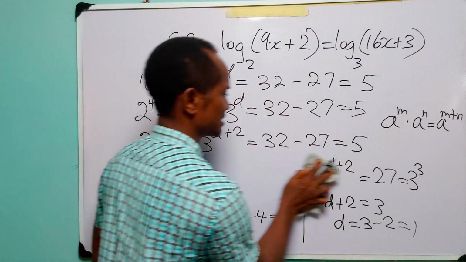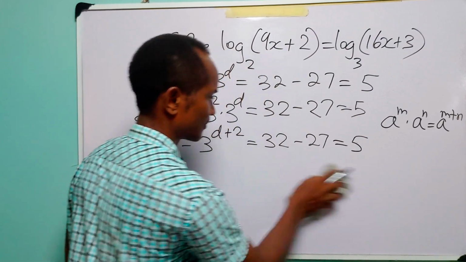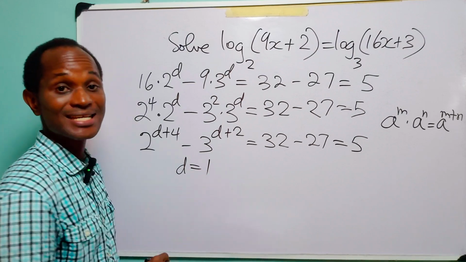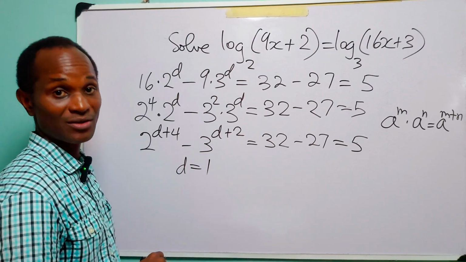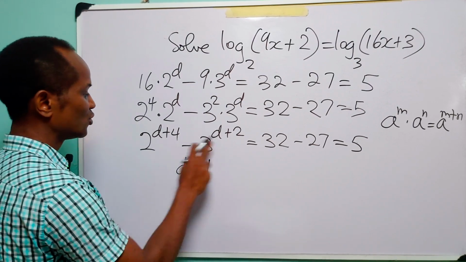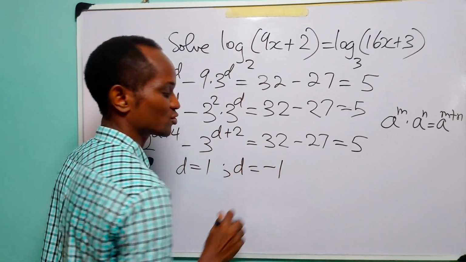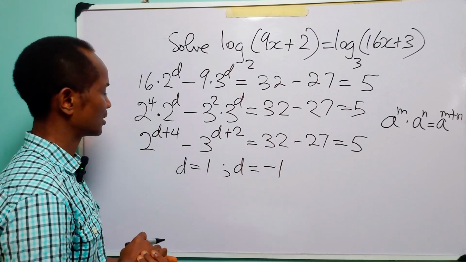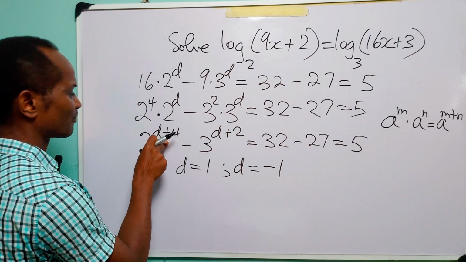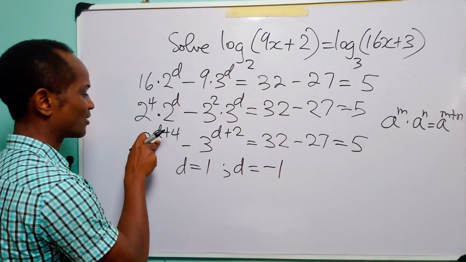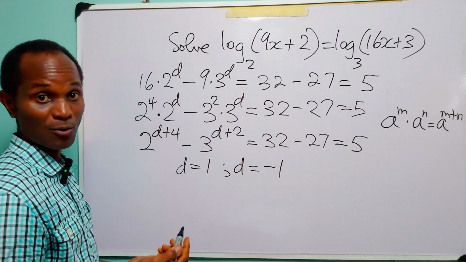So in the first case, d equal to 1 is a solution, but there's another solution. If you look closely, you can see that d equal to minus 1 is also a solution, because when you substitute minus 1 for d, you're going to have minus 1 plus 4, which is equal to 3.